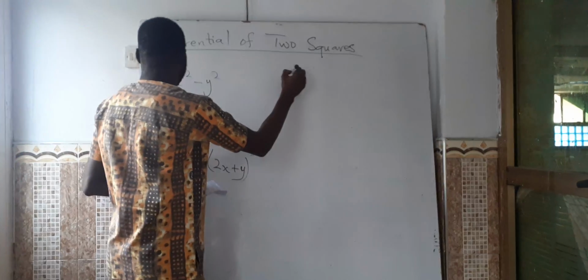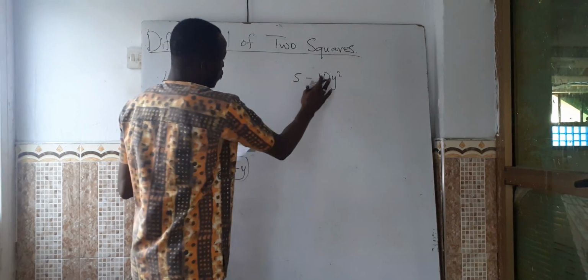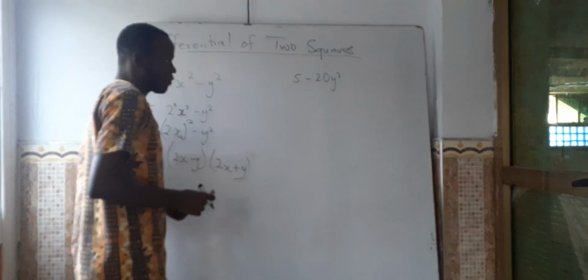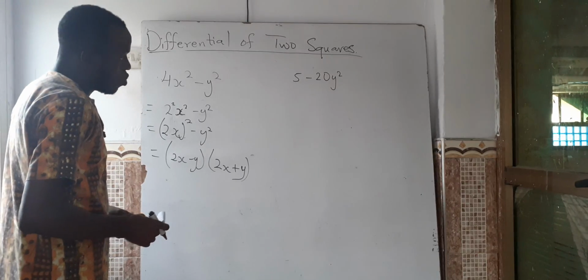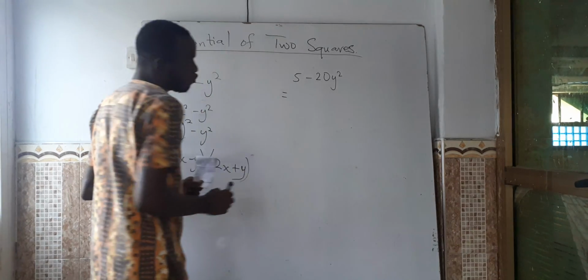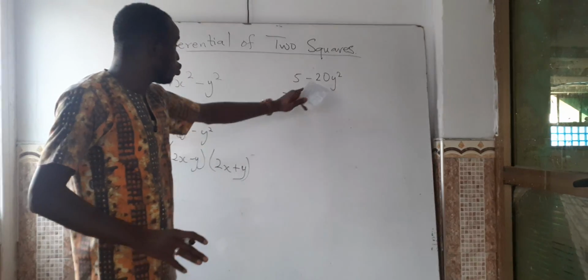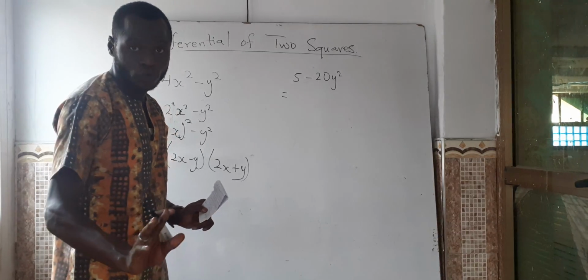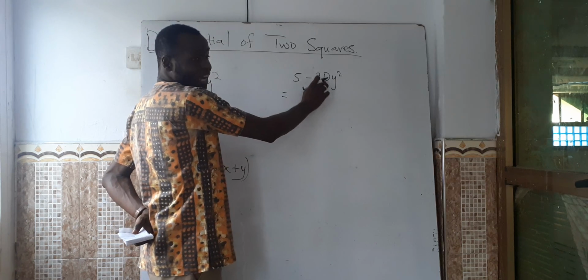The same way, if I have 5 minus 20y squared, if I have the expression in this way, here it is very tricky. You have to do some factorization first before you continue and then express it in difference of two squares. 5 is a factor, and 20 has 5 as a factor.